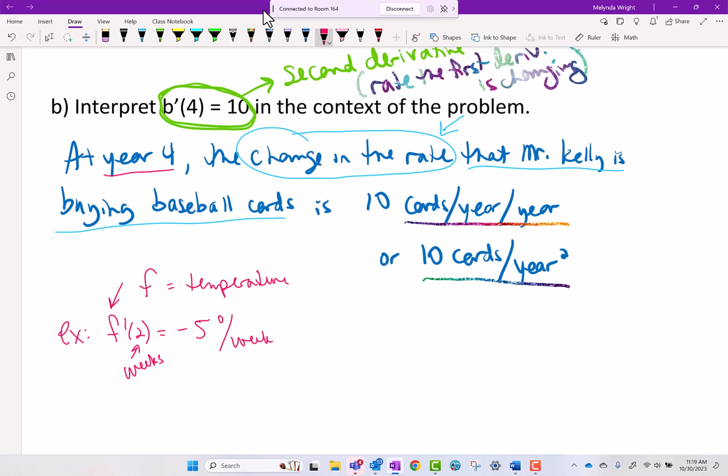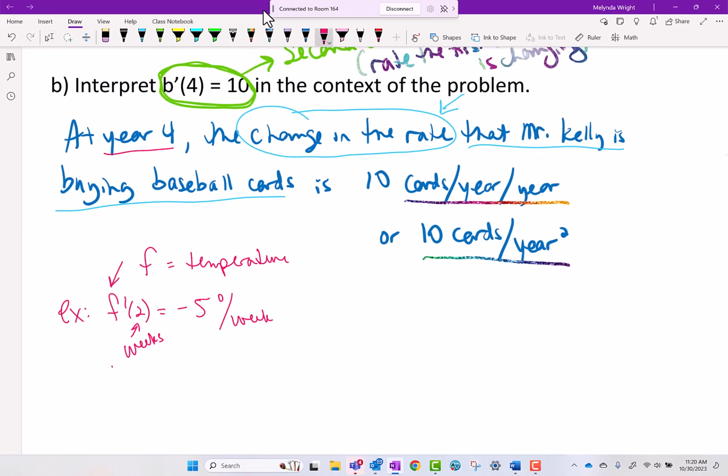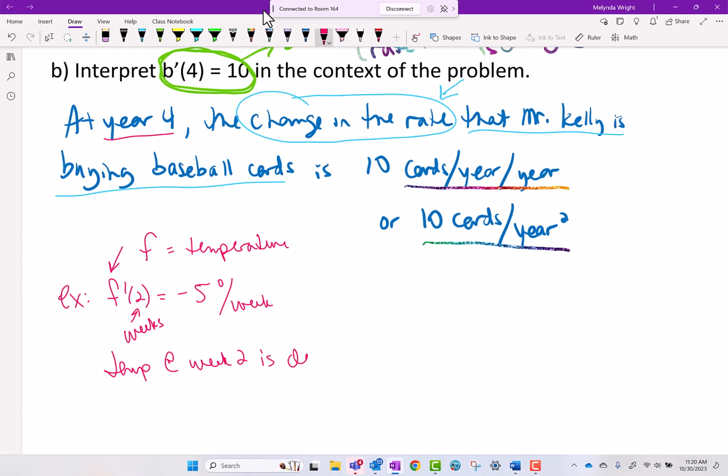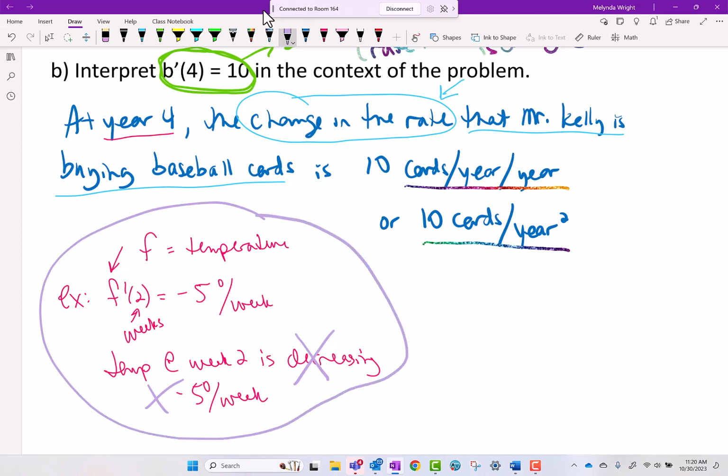Because if you say that the temperature at week 2 is decreasing at -5 degrees per week, that would be incorrect, right? You can't decrease at a negative. That's like a double negative right there. So this is a case for why it would be a really good idea to just use the word change instead of increase, decrease. Does that make sense? I don't want that to catch you.